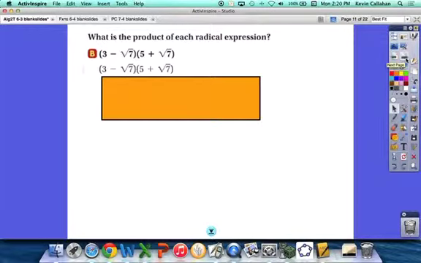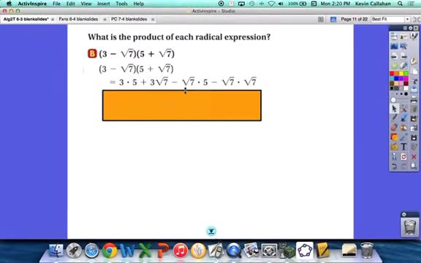Okay, so let's do another. What is the product? You're going to FOIL it. 3 times 5. 3 times the square root of 7. Negative square root of 7 times 5. And negative square root of 7 times square root of 7. The square root of 7 times square root of 7 is 7.